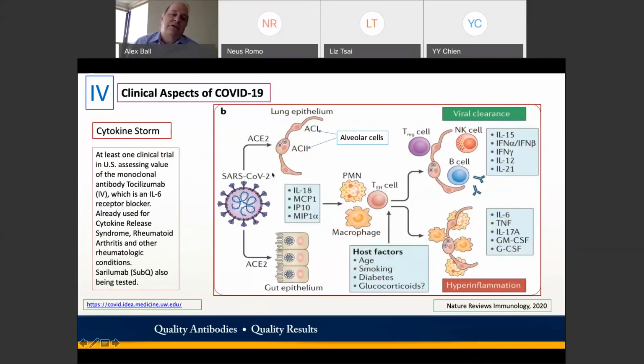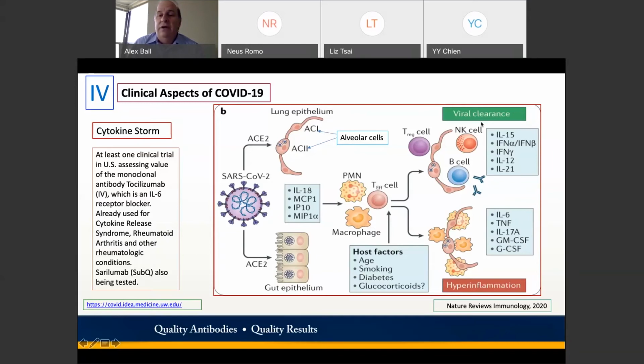Again, if we look at this schematically to illustrate it in a different way, we have SARS-CoV-2 binding to ACE2, on the two types of alveolar cells in the lung epithelium, or even along the gut epithelium. You'll see a diverse multicellular immune response, macrophages, PMNs, and of course T effector cells and other lymphocytes.